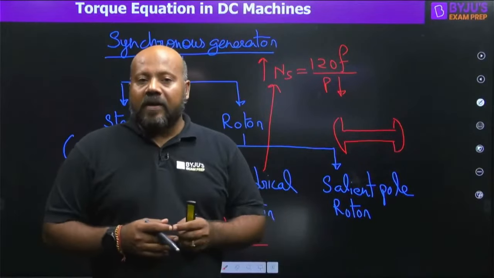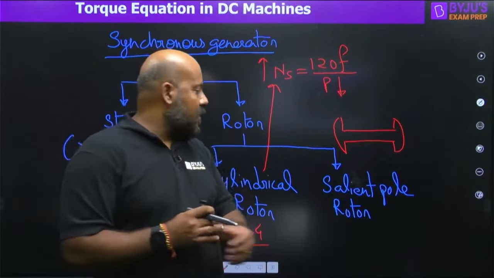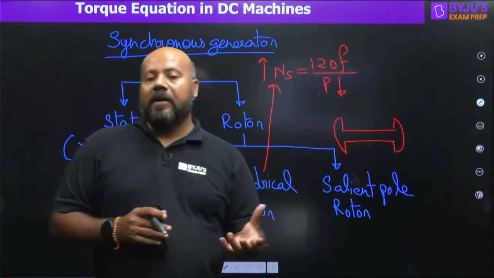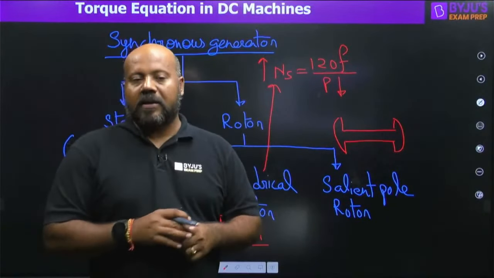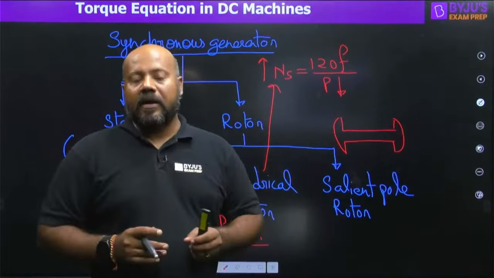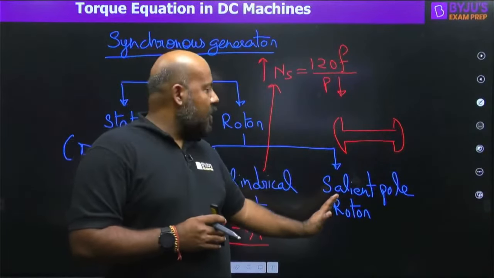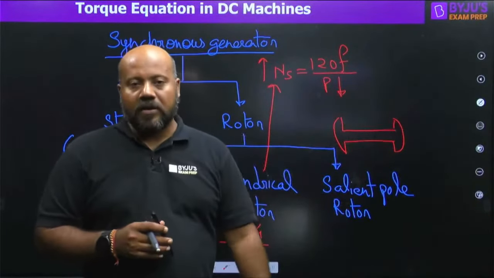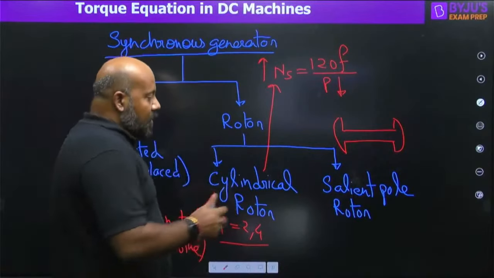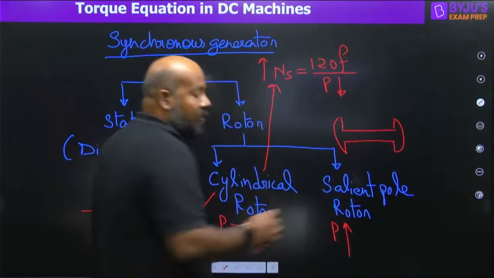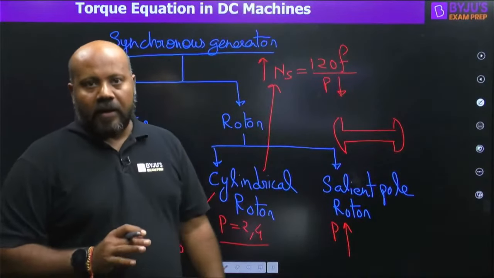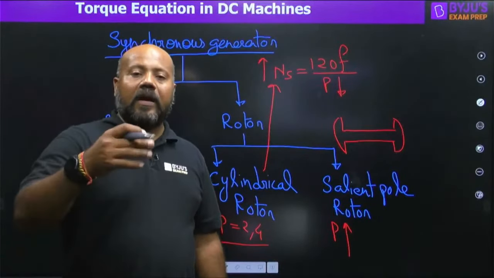and that is why when we write the equivalent circuit of a salient pole machine, or model it in terms of an electrical network, we use two reactances. That is the two reaction theory by Blondel: the direct axis synchronous reactance and the quadrature axis synchronous reactance. Generally, the salient pole rotor has a high number of poles, 8, 10, 12 and even more.